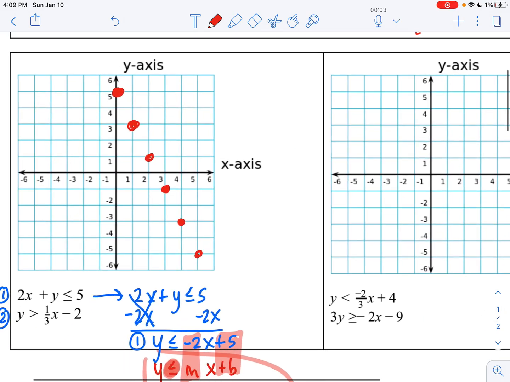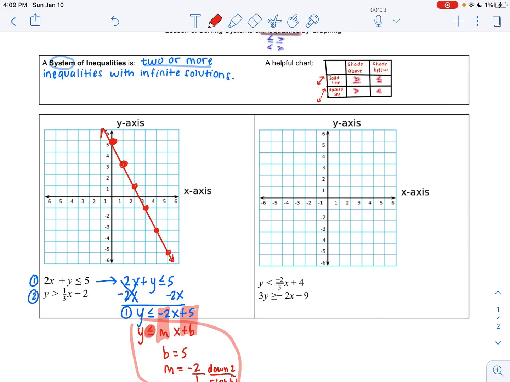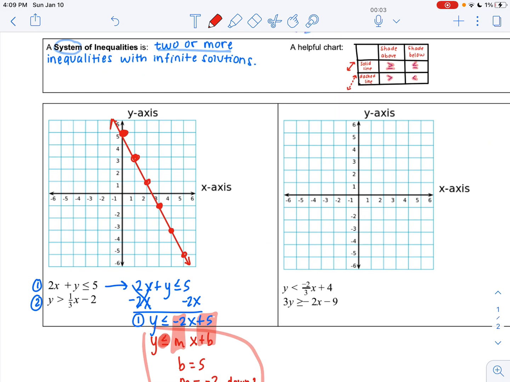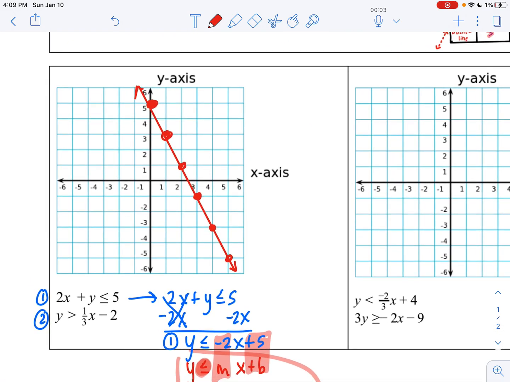So I'm just going to draw a regular solid line that goes through these points, just like that. And then it says to shade below. This is what that means. If I look at this red line, shading below would mean we're going down on the y-axis, so we're getting smaller. If I started shading this way, do you see how I'm getting smaller on my y-axis?